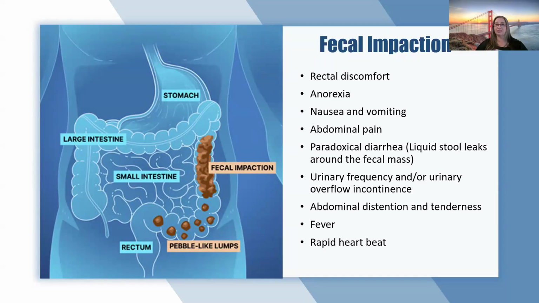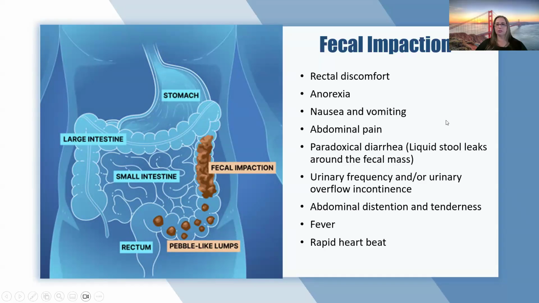And so it sometimes requires quite a lot of intervention to get that fecal impaction out of there. The signs of that you're going to see would be having a lot of pain and rectal discomfort, the feeling of like something's in there that's big, anorexia or not wanting to eat because things are not moving.